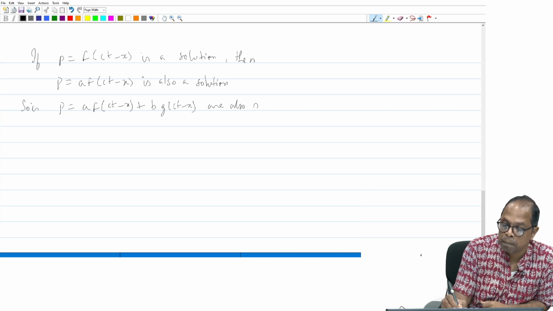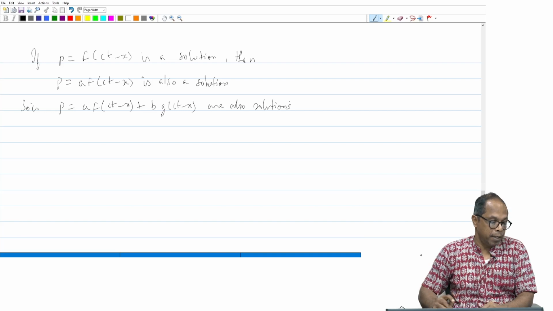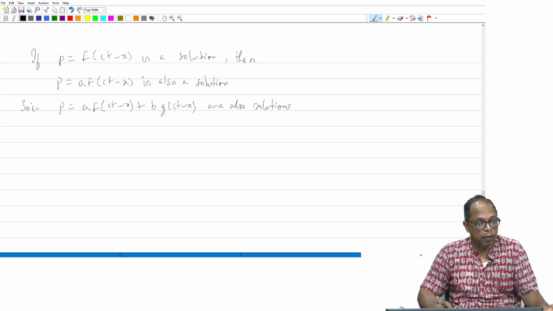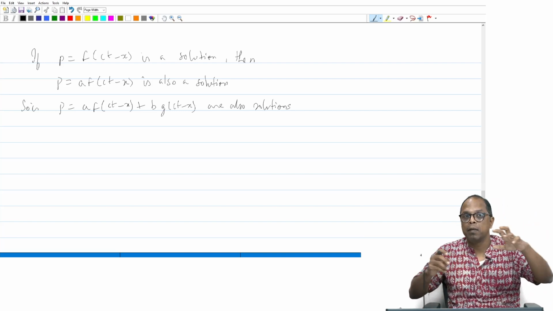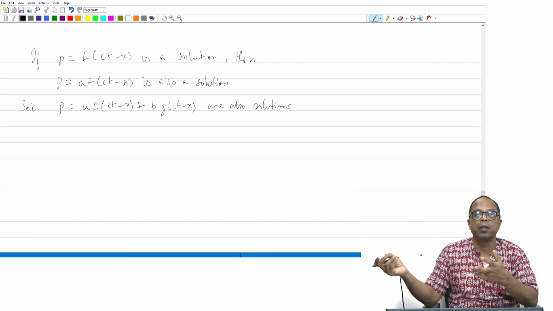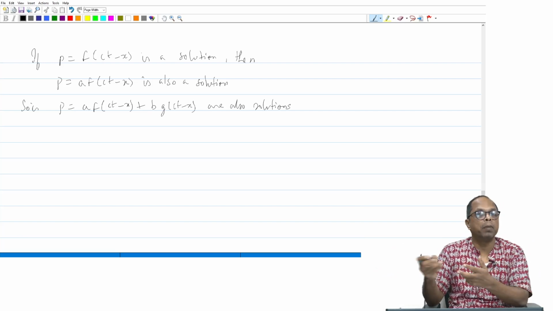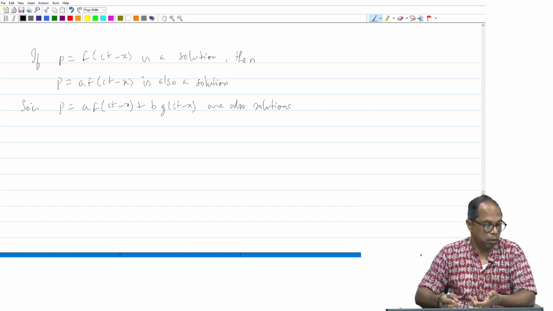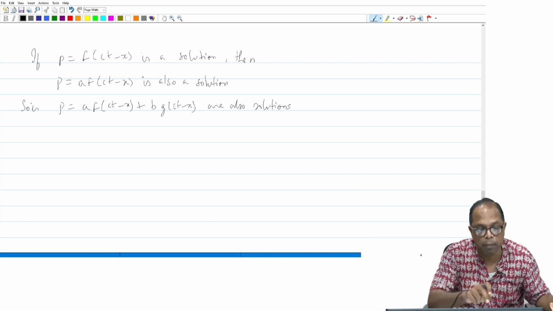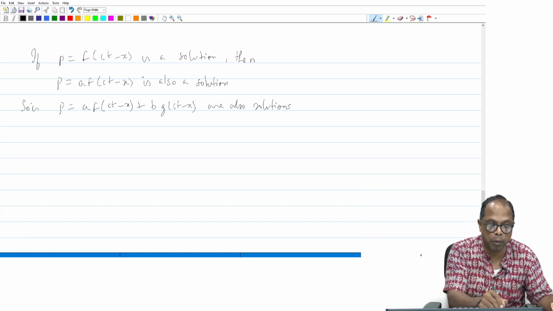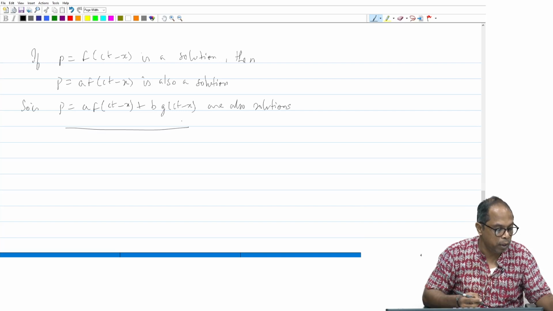So there is a linearity that waves satisfy. So we have wave 1 being a solution, wave 2 being another solution, and wave 1 plus wave 2 is also a solution. It will come in handy later. These properties will come in handy as we go along.